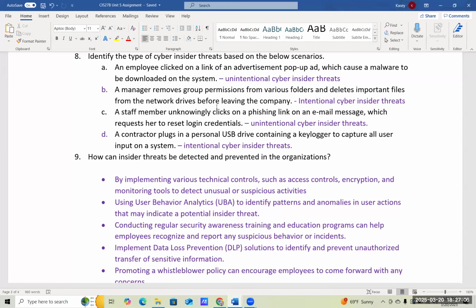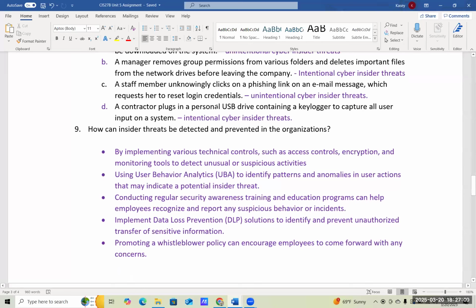All right. We want to make sure that we have regular security awareness training and an education program to help employees recognize and report any suspicious behavior or incident. And we want to have a good reporting system where people don't feel bad when they're reporting incidents. A lot of times people don't say anything because they don't want to cause any problem, because then they're going to get questions.